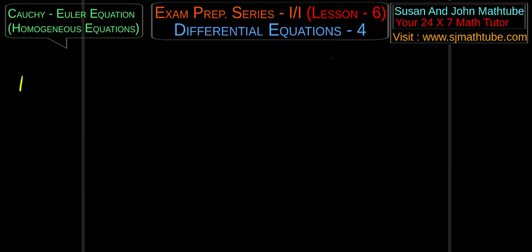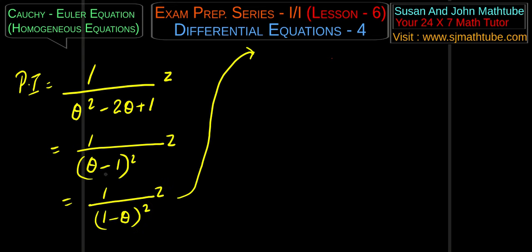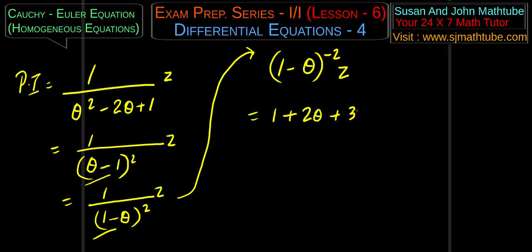Now for the PI, we write 1 by operator of z, and this is actually 1 by theta minus 1 the whole square, and it's the same as 1 minus theta the whole square. These two are equal because a minus b the whole square and b minus a the whole square are same. So we get 1 minus theta the whole power minus 2 of z, and that's equal to 1 plus 2 theta plus 3 theta square.